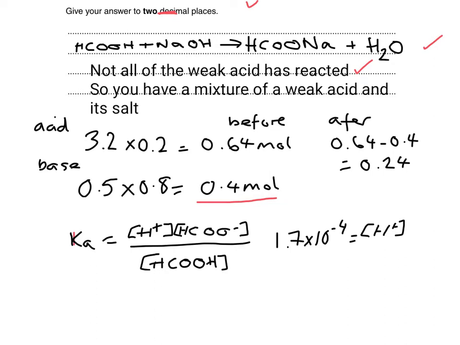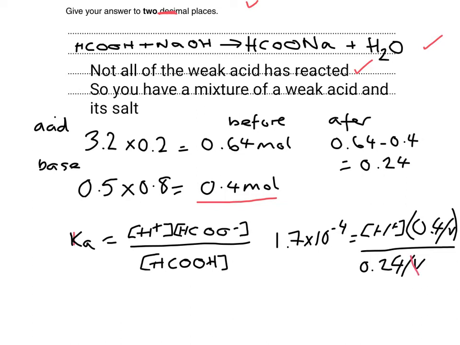Our concentration of the methanoate ion will equal 0.4 divided by the volume, which I'm not going to bother to calculate. The reason will become clear. And our concentration of our acid is equal to 0.24 divided by volume.